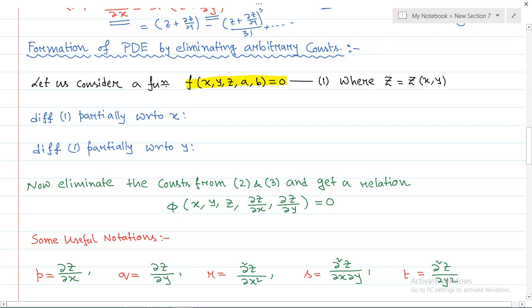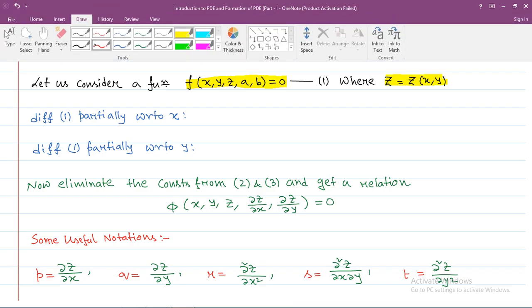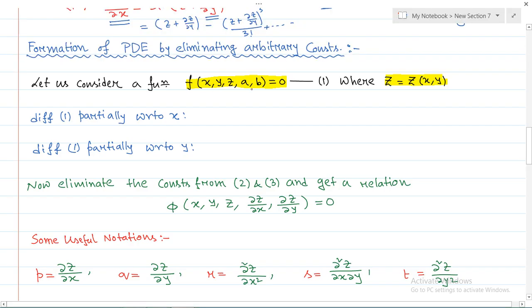Remember, for this whole chapter we treat x and y as independent variables and z as the dependent variable, because z is a function of x and y. Here the arbitrary constants are a and b, and we have to eliminate them. So how to eliminate this? Let us have a look.